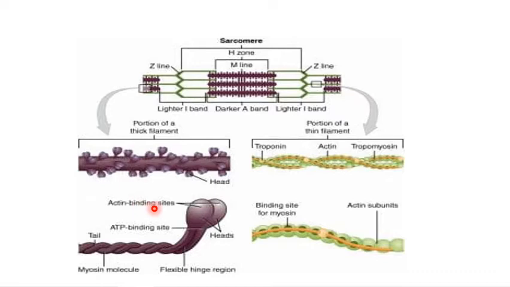This is an actin binding site where the actin comes and binds. This is the head part, and here the ATP comes and binds. This is the tail of the myosin molecule and the hinge region, and this is a portion of the thick filament, one portion where the head is present.